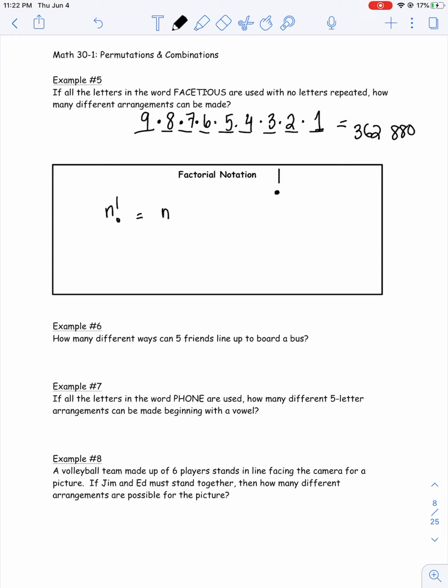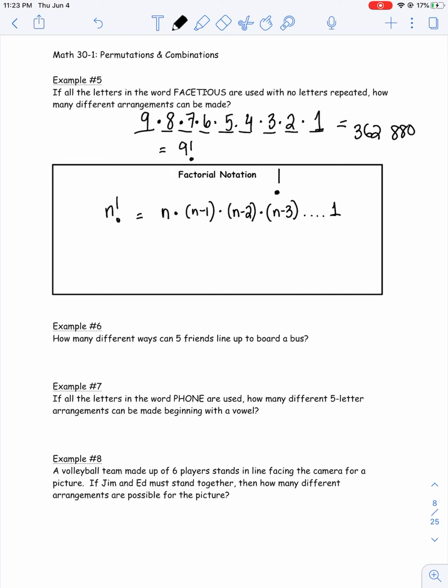So n would be the top number, and then you'd multiply it by n minus 1, which is 1 less than the first number, then n minus 2, which is 1 less than the previous number, n minus 3, 1 less than the previous number, all the way down to 1. So that can be rewritten, for example in number 5, where 9 all the way down to 1 multiplied is the same as saying 9 factorial. So we could use 9 factorial to represent this.